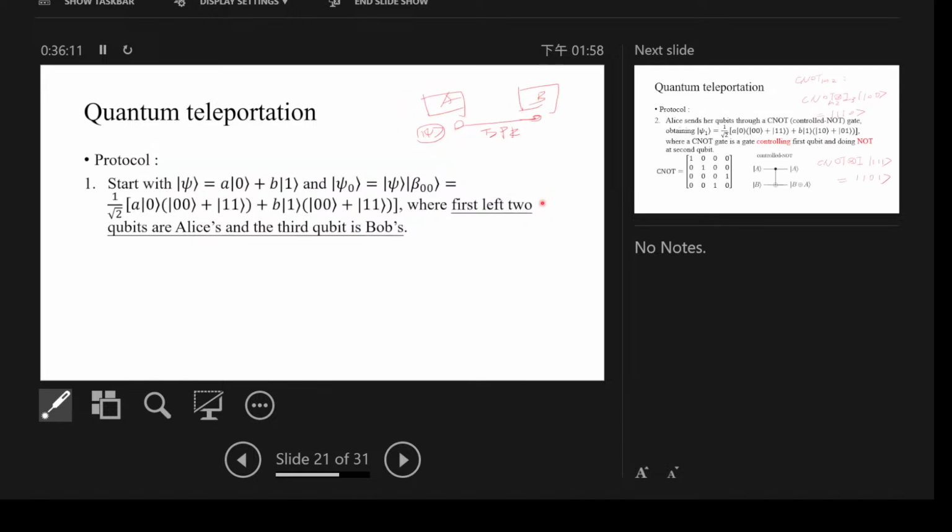This is a more complicated protocol, and we'll do a lot of things in the Bell basis. Anyway, let's write down what states Alice and Bob have.